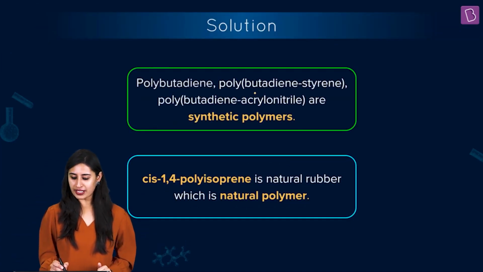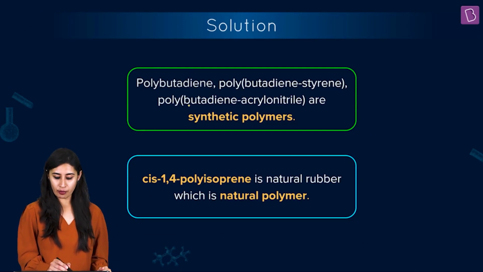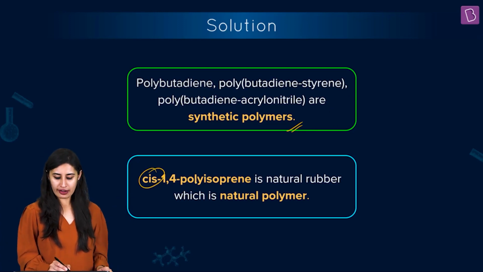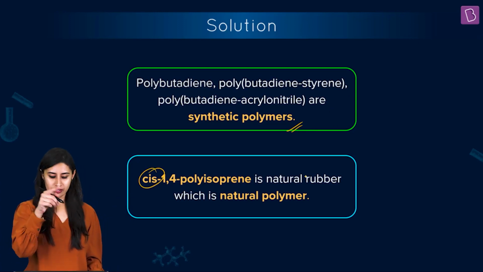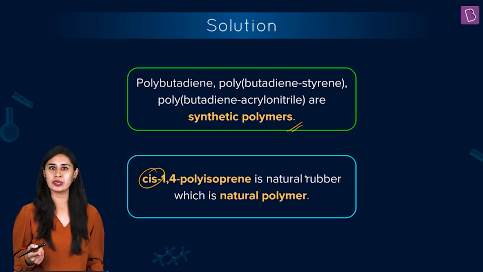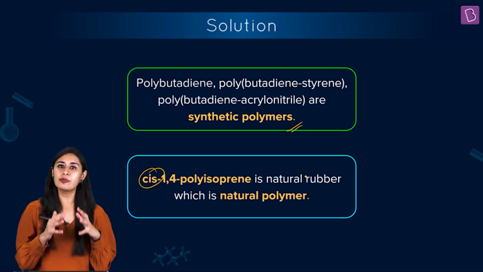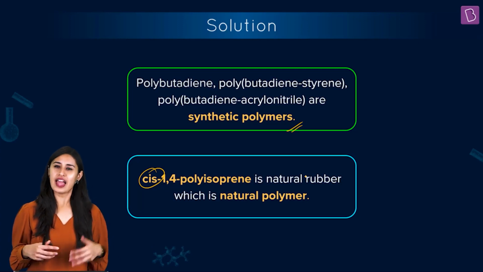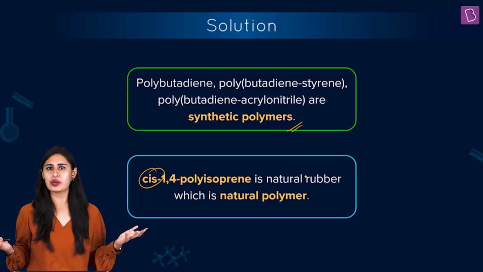So polybutadiene, polybutadiene styrene, and polybutadiene acrylonitrile are synthetic polymers, whereas the cis-1,4 polyisoprene is a natural rubber, which is a natural polymer. And if it's a natural polymer, yes, it is biodegradable, and hence the uses are also immense.